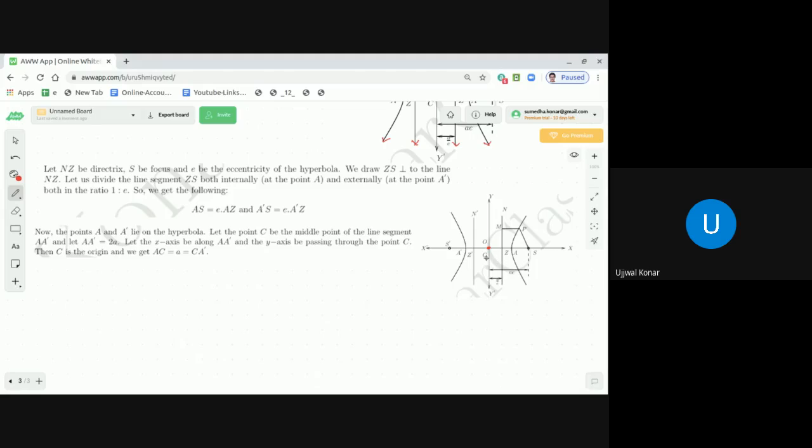Let the x-axis be along AA dash and the y-axis be the line passing through the point C. Then C must be the origin, and we get AC is equal to lowercase a is equal to CA dash. Got it, dear students?